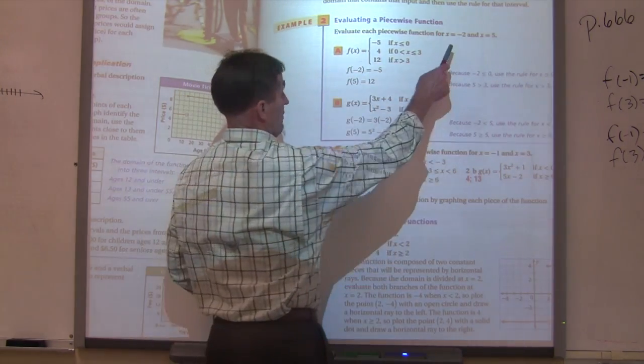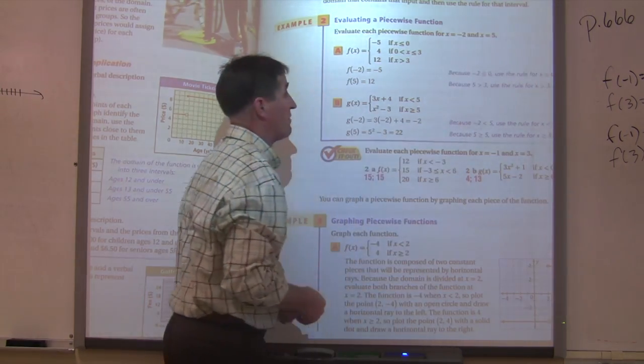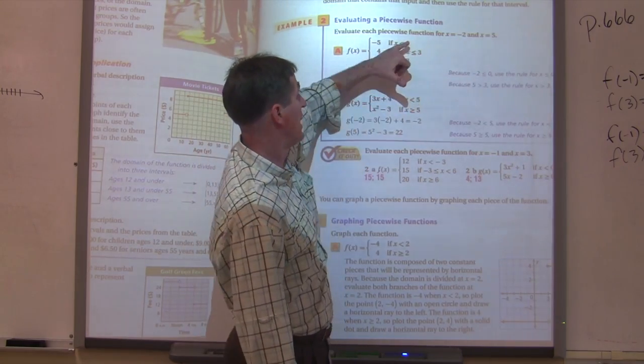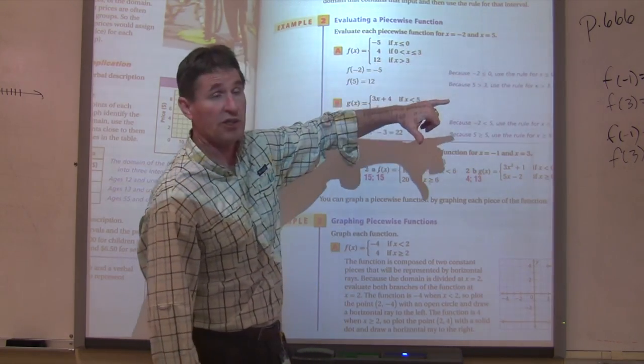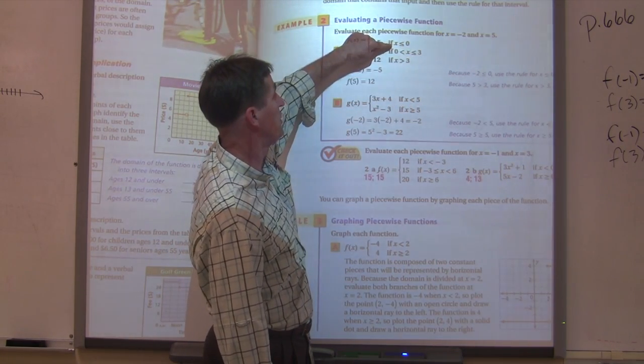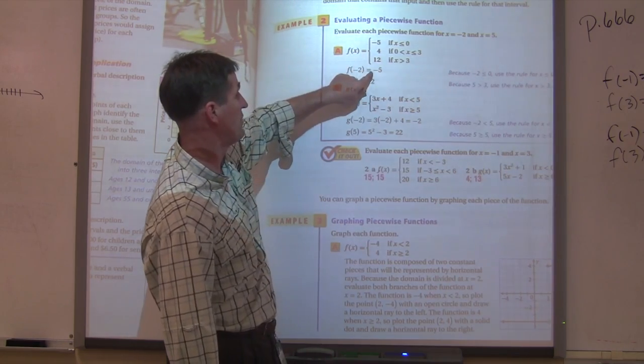So they ask us to find the function for x equals -2 and x equals 5. So the first thing you do is you take your value of x equals -2 and you decide which rule it goes into. Well, since -2 is less than 0, we would use this rule, and so our answer is -5. So f of -2 equals -5.